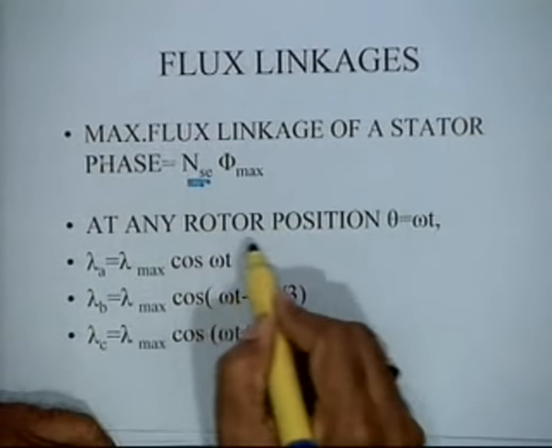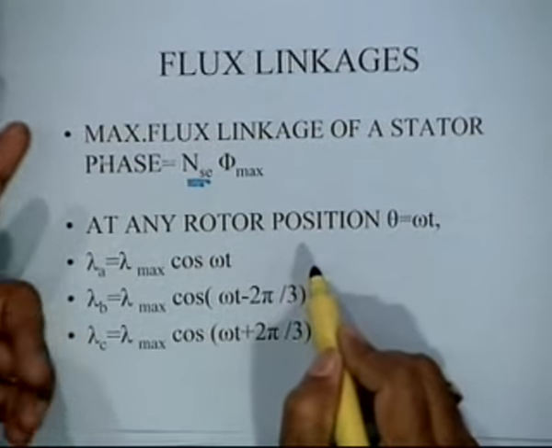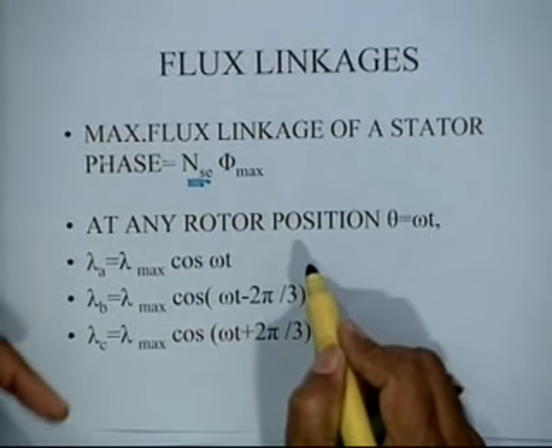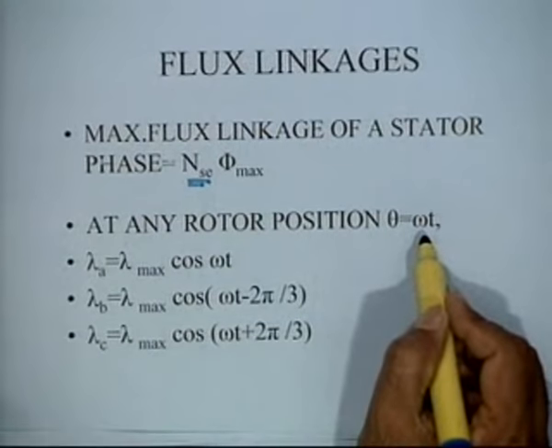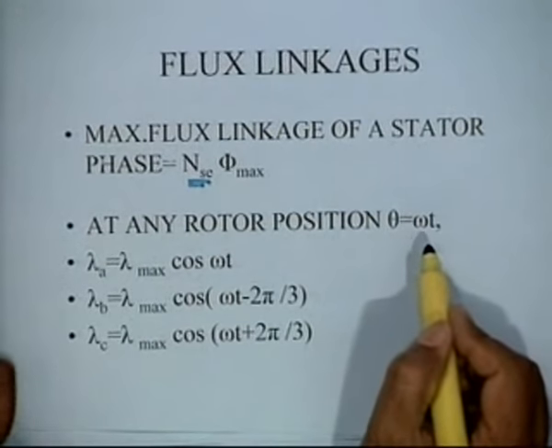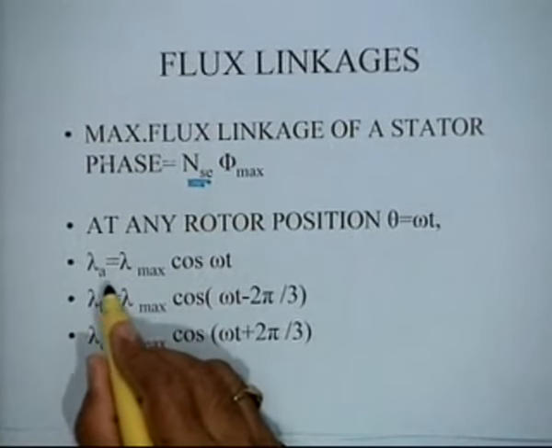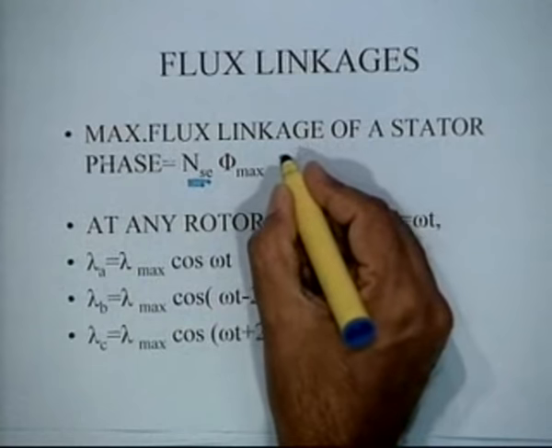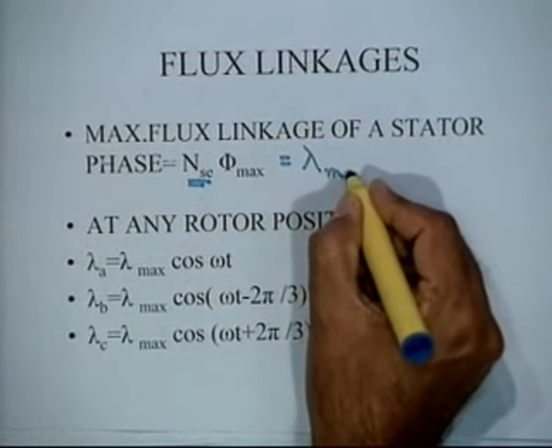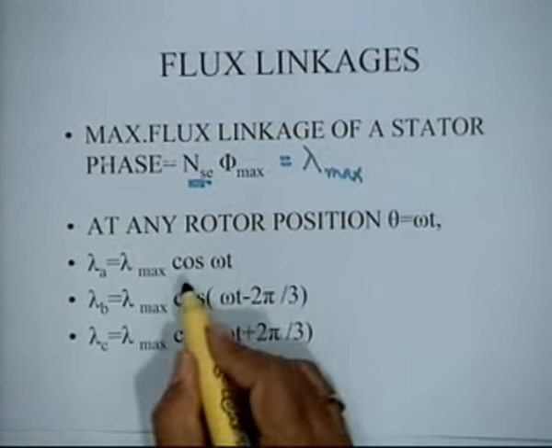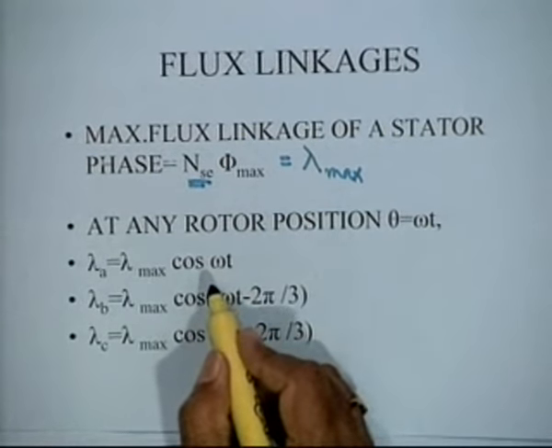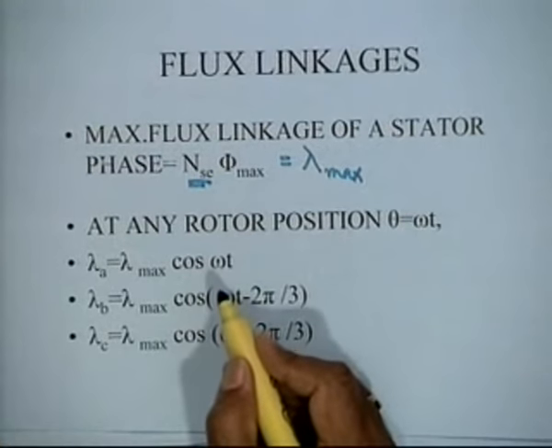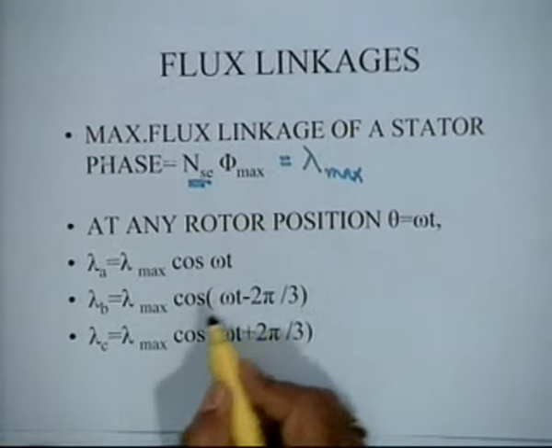And at any other rotor position theta, if the rotor is at some other position, not theta equal to 0, theta is also equal to omega t when you are rotating at omega radians per second. Now the flux linkage of the A winding will be that maximum flux linkage, call it lambda max, into cos omega t, because as it rotates, when omega t is 90 degrees, no flux links, and when omega t is 180 degrees, minus lambda max will be there.